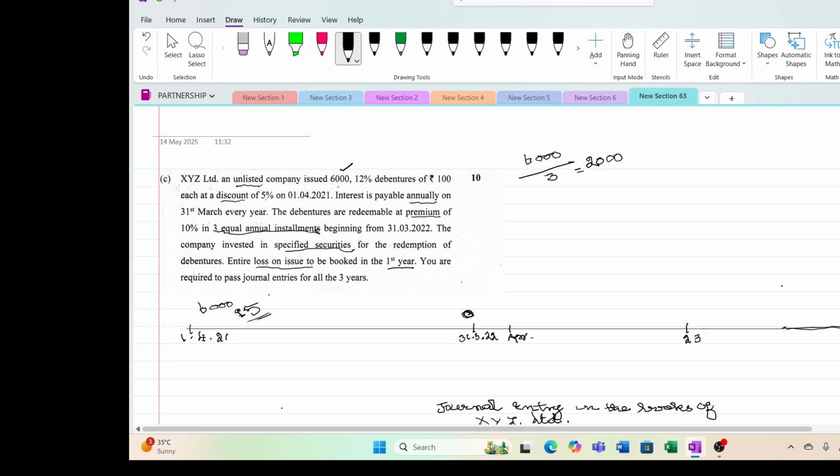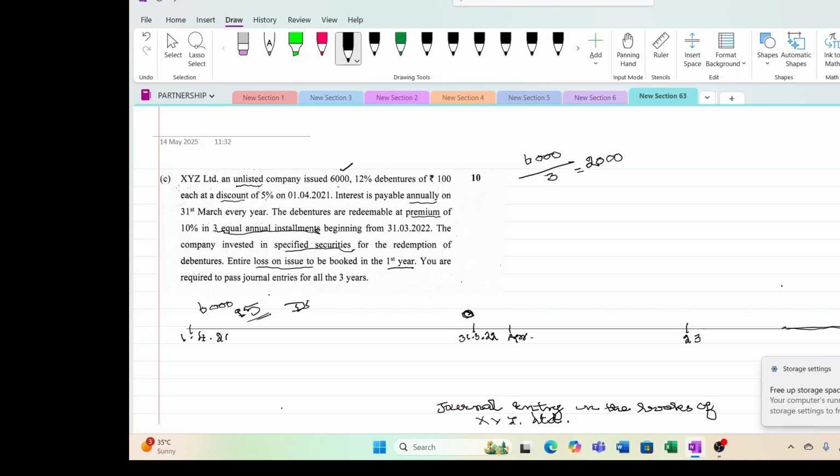Okay, and then you have to create a debenture redemption reserve account. Debenture redemption reserve, DRR, is created for 10% of the amount outstanding. You make it very clear in this type of sums.